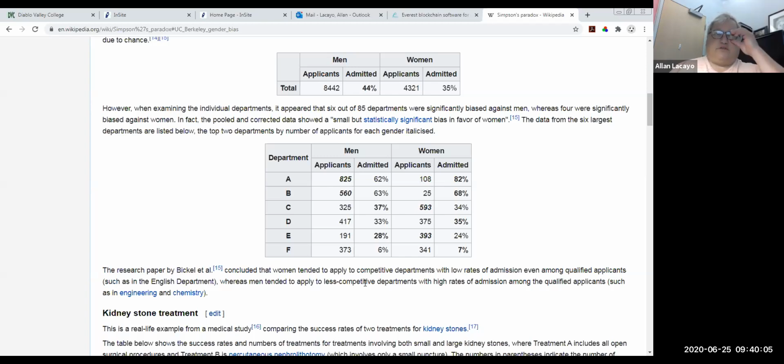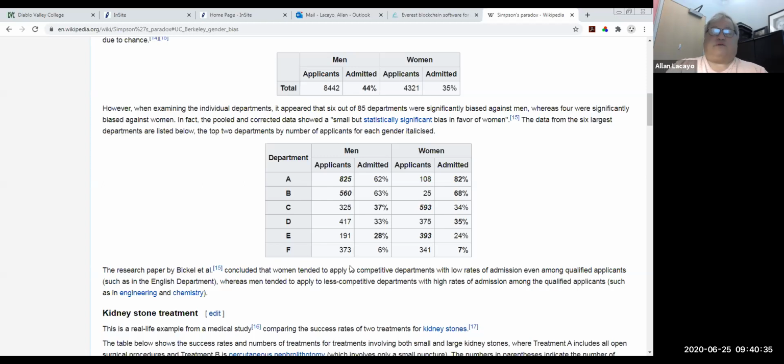So in effect, when you broke down the admissions process on a department by department basis, you noticed that there was a greater variation where sometimes the admission rates were very, very similar. They were close, statistically speaking. They're pretty much indistinguishable. And in other cases, the admission of women was at much higher rates based on the number of applicants.